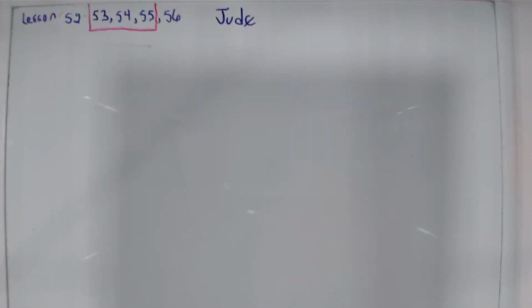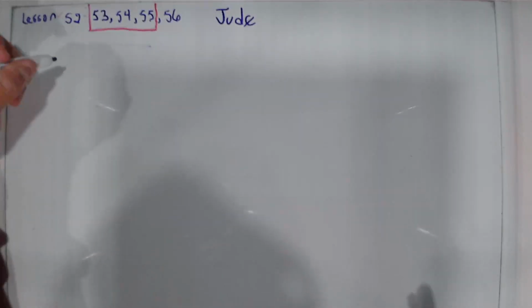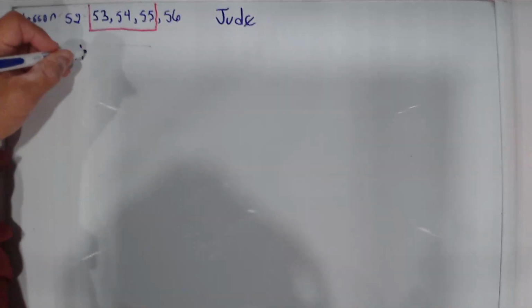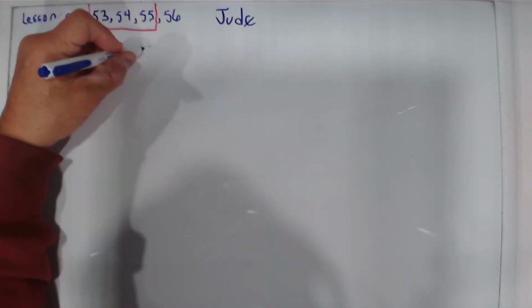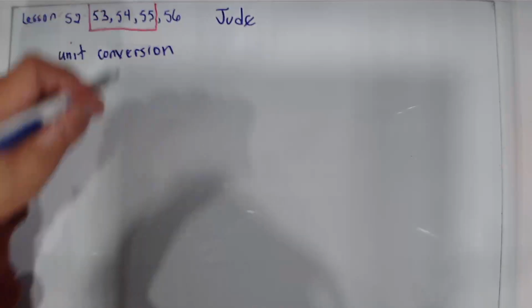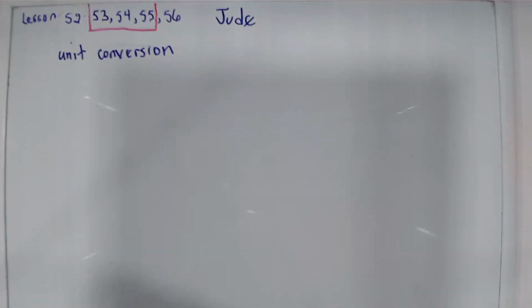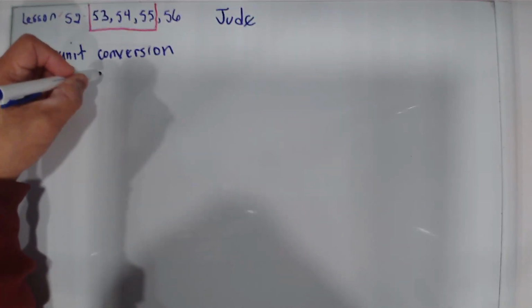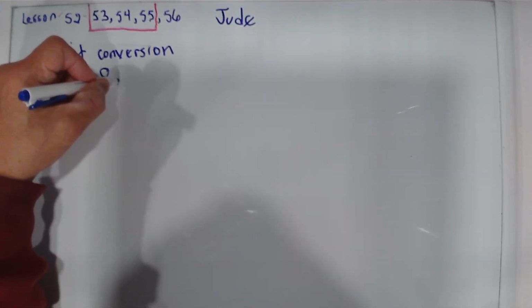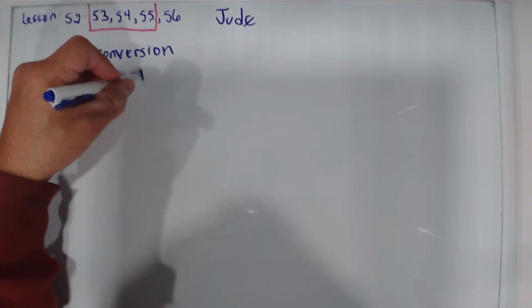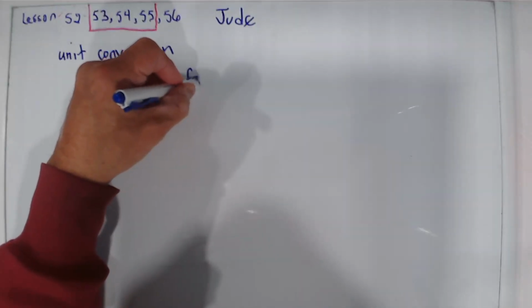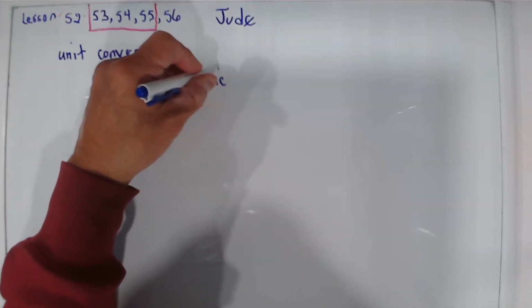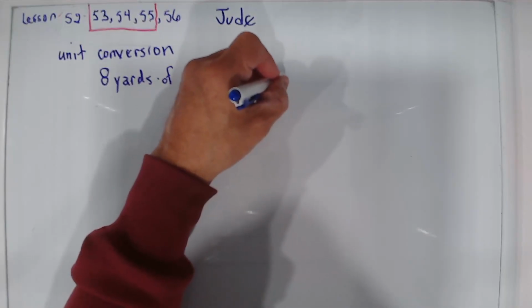Okay, Jude, we're back, and now we're going to go through some unit conversion. A lot of times you'll have something like, let's say, 8 yards of fabric, and you want to convert that into inches.